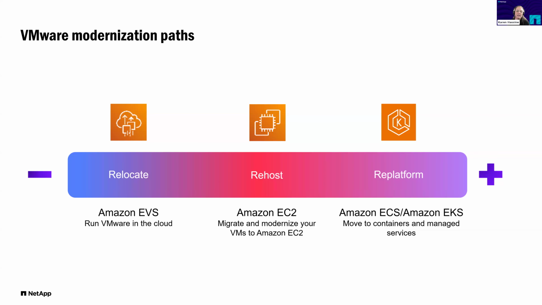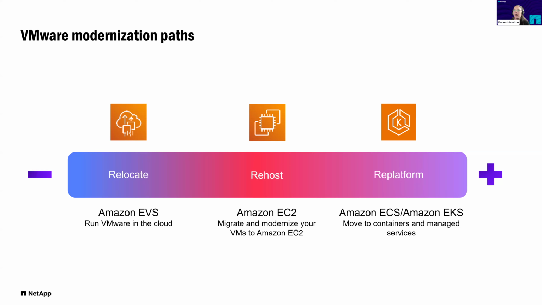And what that means is that you take your VMs, you continue to work on VMware, and you just extend that to the cloud with VMware Cloud Foundations. And here's where Amazon EVS comes in. And this is where we're going to be focusing on today.